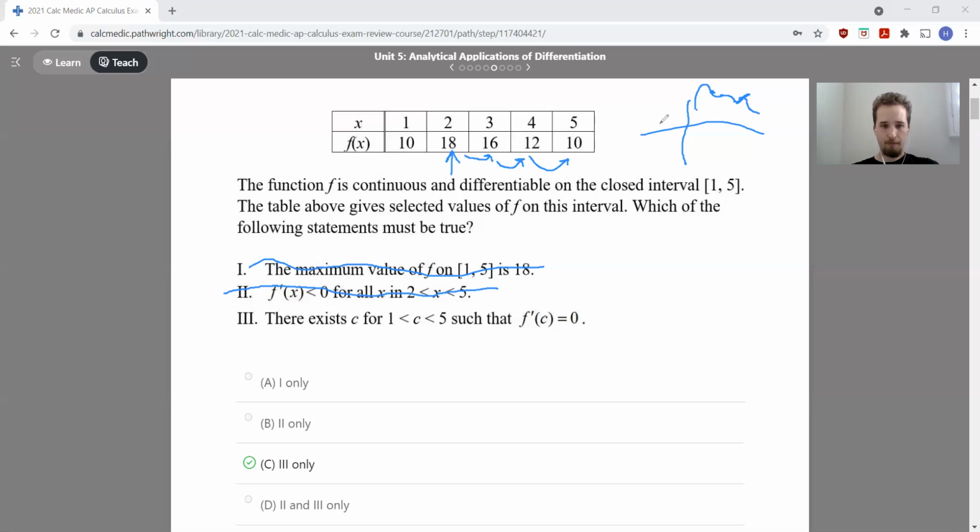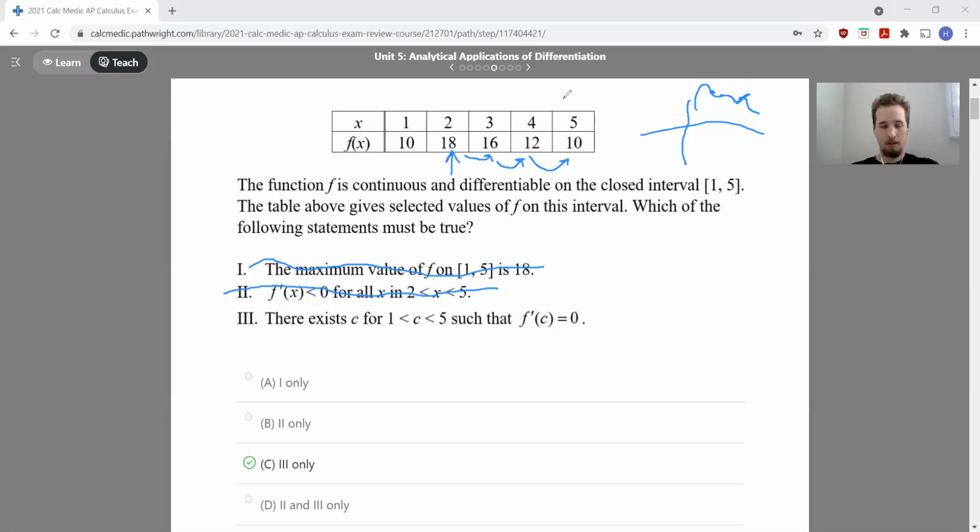3, there exists C, where C is between 1 and 5, such that f prime of C is equal to 0. So what it's trying to say is this is a mean value theorem problem.